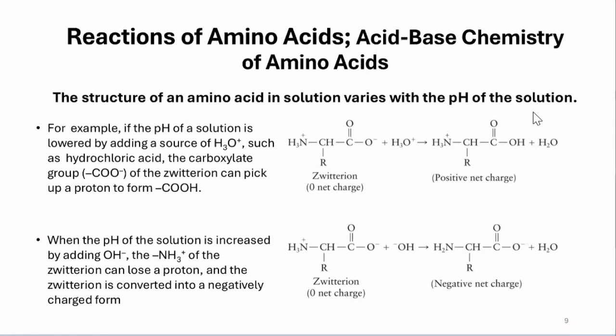Under acidic conditions, in the solution, we will have the formation of the hydronium ion. The hydronium ion is specifically going to be acting as an acid. That means that since this is going to be an acid-base interaction or reaction between the two molecules, then somewhere in the Zwitter ion, one of the atoms has to act as a base.